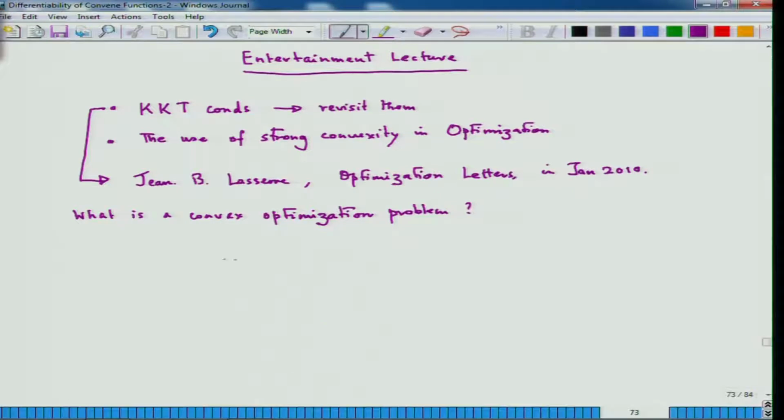This problem simply means you want to minimize a convex function f over x in C, or more succinctly like this, where f is a convex function and C is a convex set.